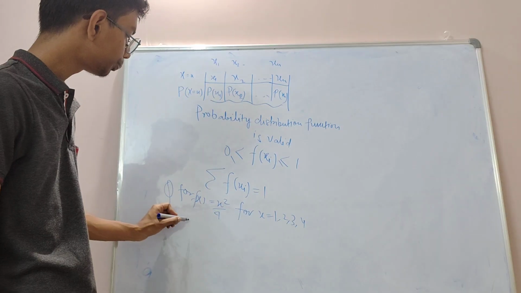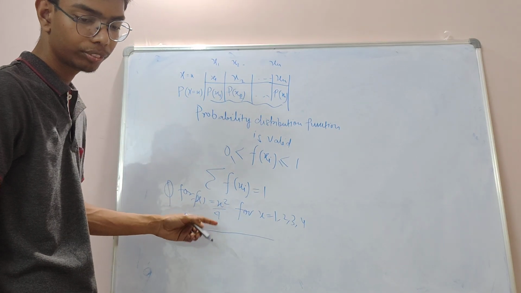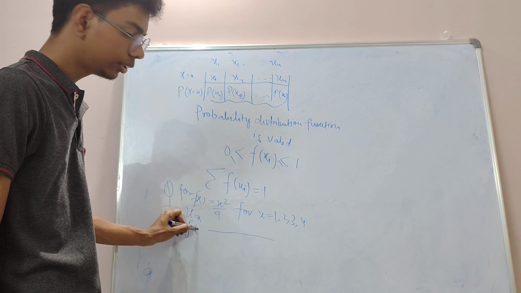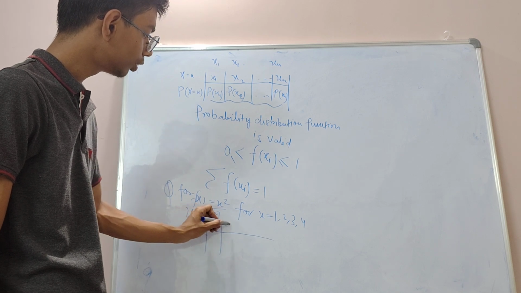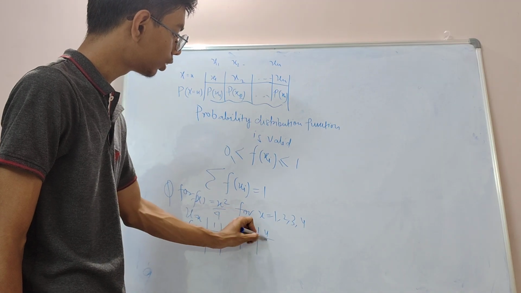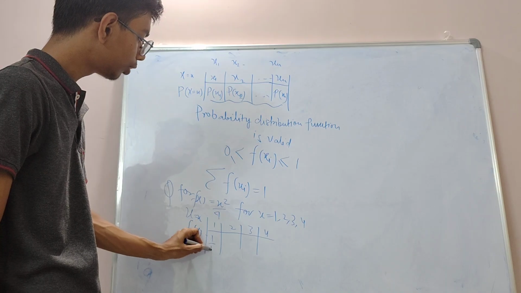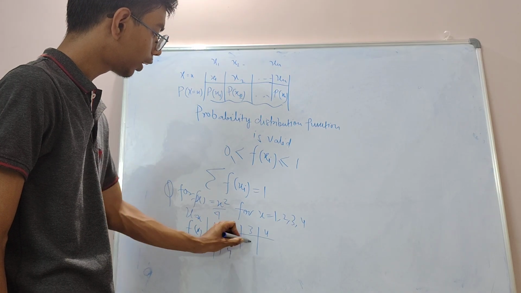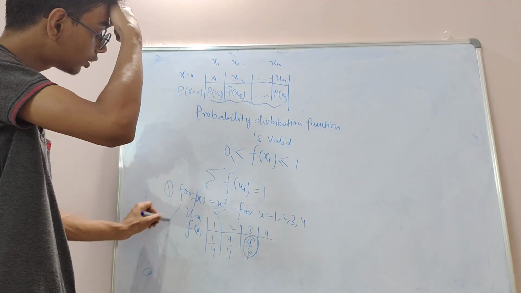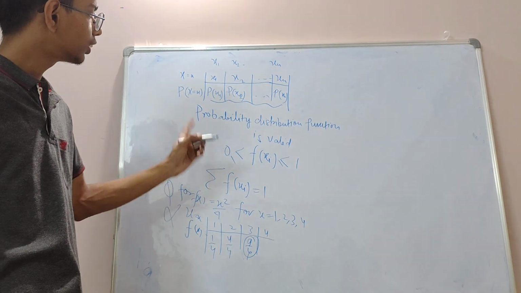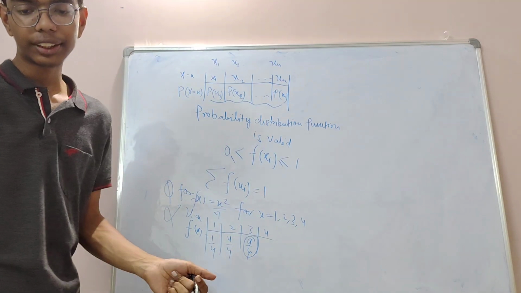So as you can see, when I make the table, I will have x equal to 1, 2, 3, 4. And f(x) is equal to x square by 4, so it will be 1 by 4, 4 by 4 and 9 by 4. This is greater than 1. So this is not a valid probability function, right?